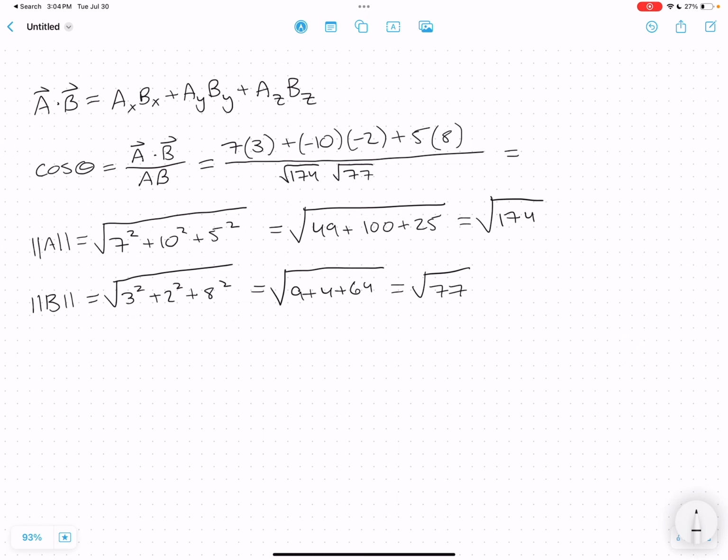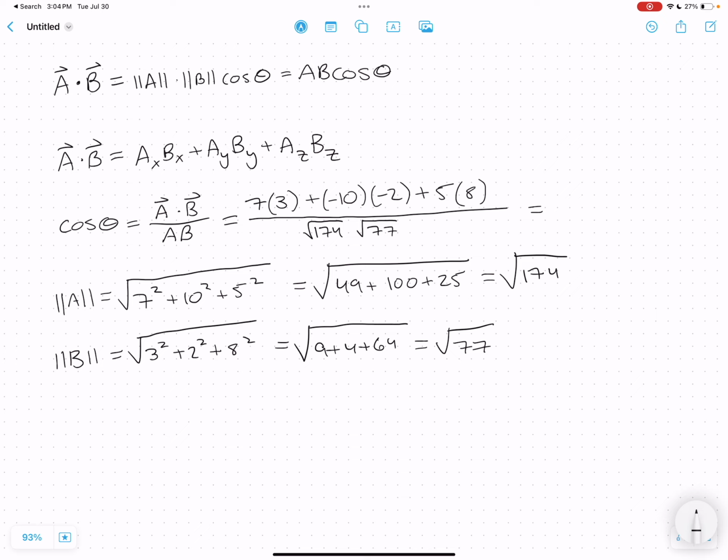We want 21 plus 20 plus 40 divided by np.sqrt of 174 times np.sqrt of 77.